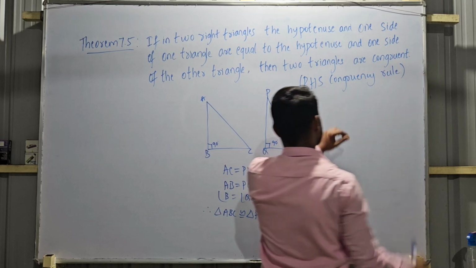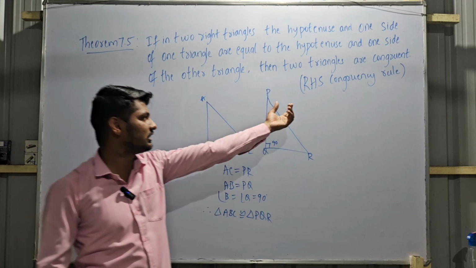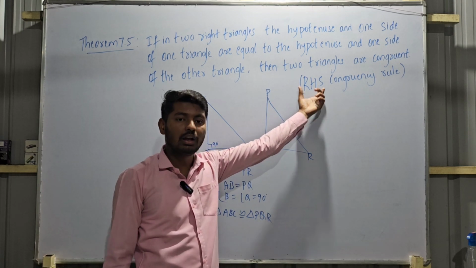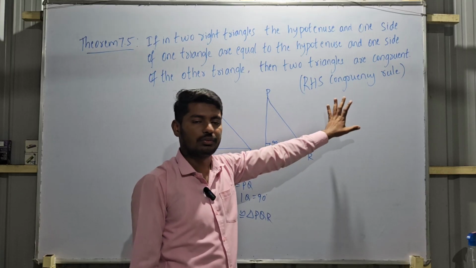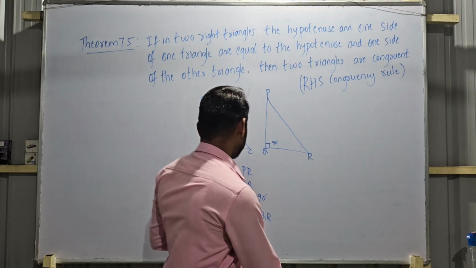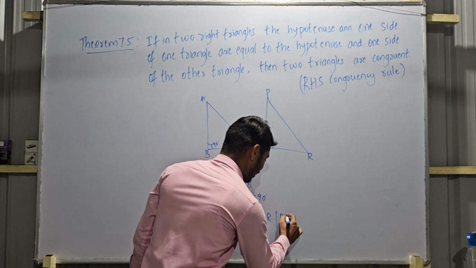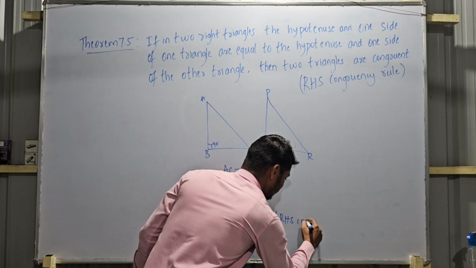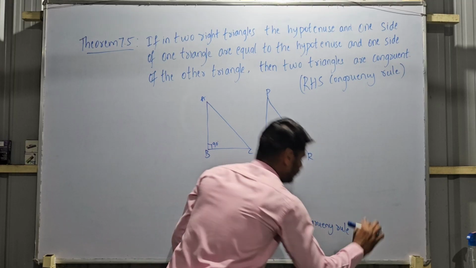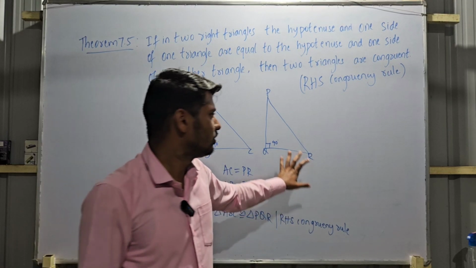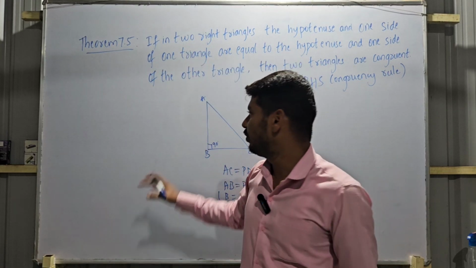RHS stands for right angle, hypotenuse, side. So we can say this by the RHS congruency rule. Right? So this is what all the criteria are about.